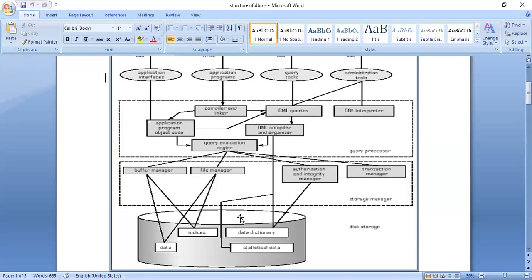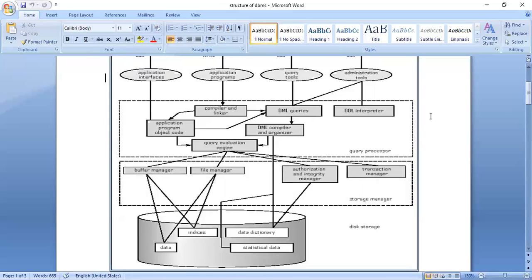Depending upon the type of the data, each of them handles it. If you want to handle addresses, it is handled by the file manager. If you want to access something like the data dictionary, it is handled by the authorization and integrity manager. And the buffer manager is used if you want to put the data into main memory and work on it.